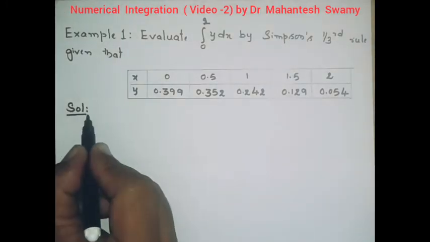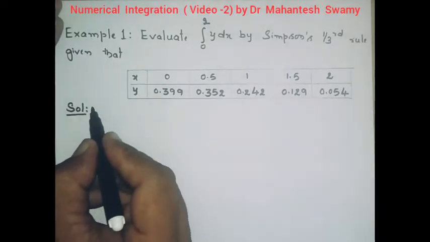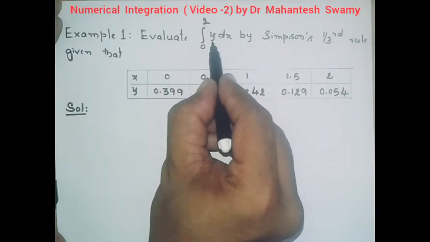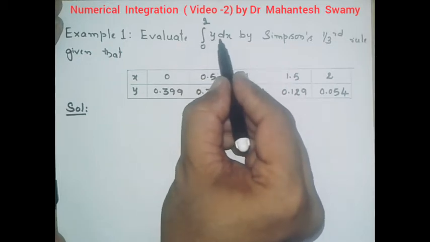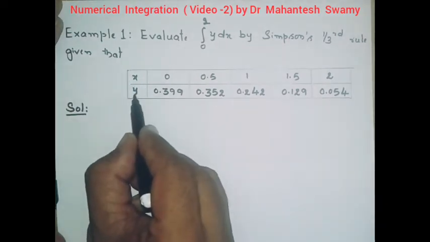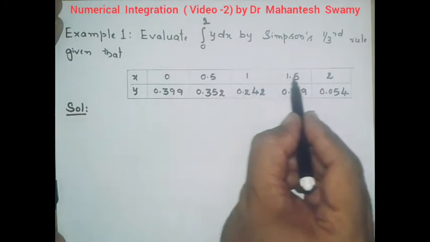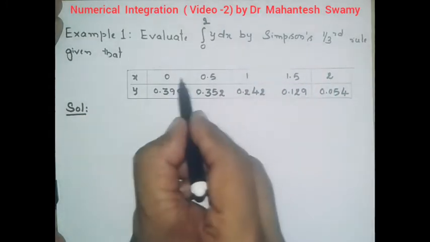First we have to understand that in this integral, the integrand has not been given explicitly. That is, the definition of the integrand is not mentioned, but on the other hand, the table consisting of the values of the integrand at different values of the independent variable x has been given.